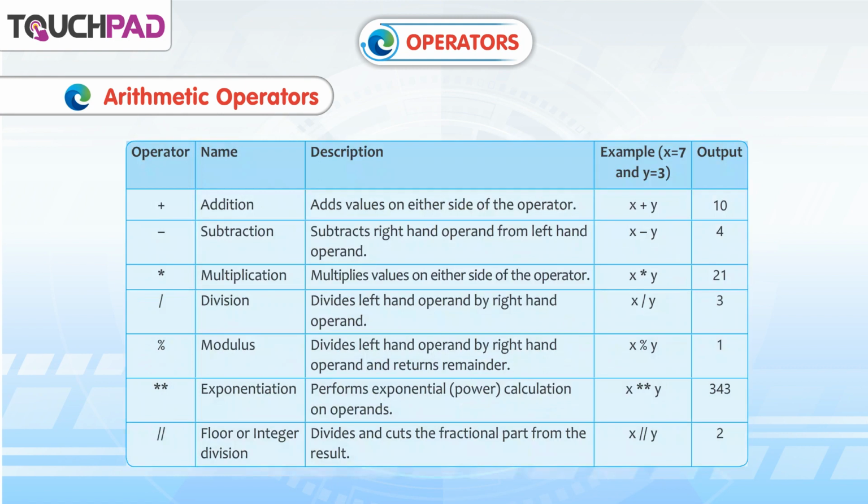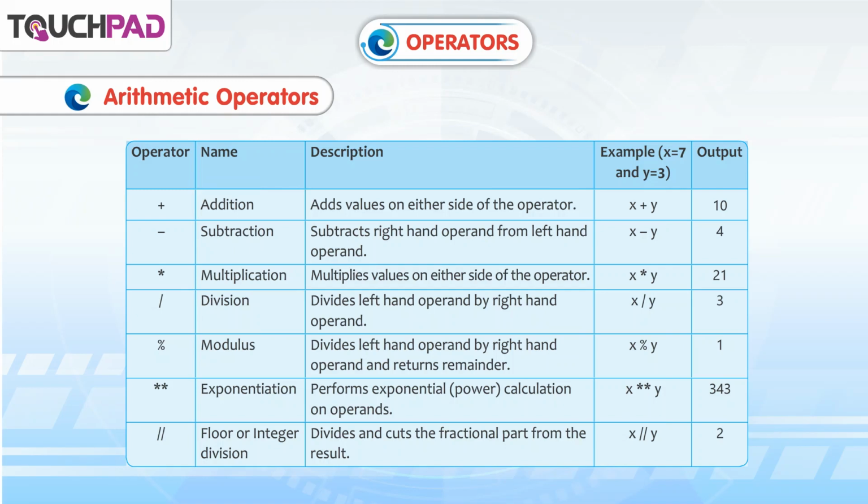Operator, name, description. Example, x is equal to y, x is equal to 7 and y is equal to 3. Output. Addition. Adds values on either side of the operator. X plus y, 10. Subtraction. Subtracts right-hand operand from left-hand operand. X minus y, 4. Multiplication.